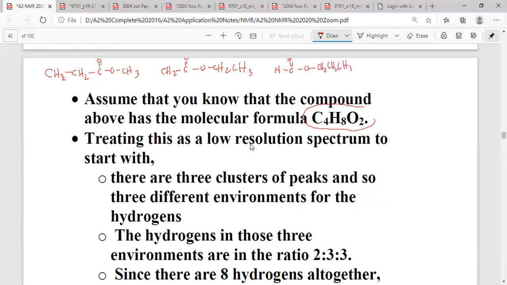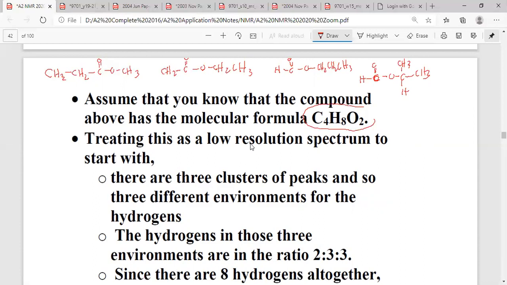Or the last one is an isomer, which can be your carboxylic acid. Let's say from your other information, from mass spectra or UV or IR, you say it's an ester.